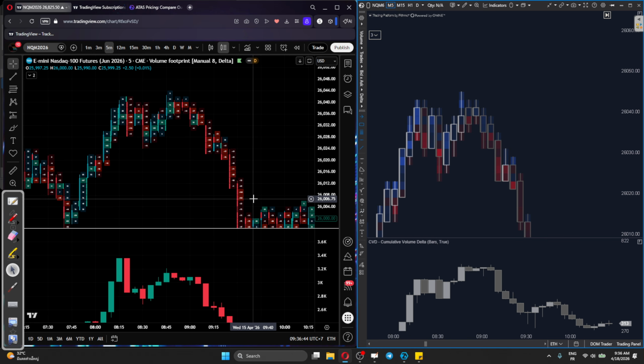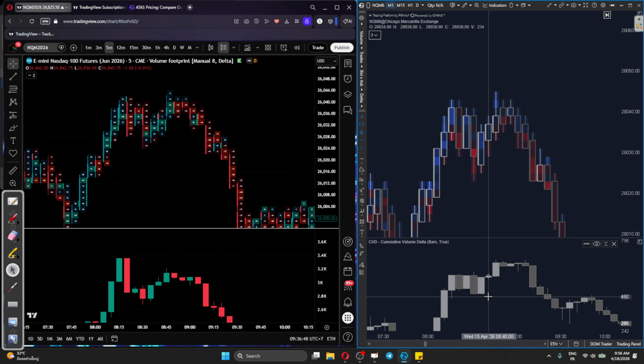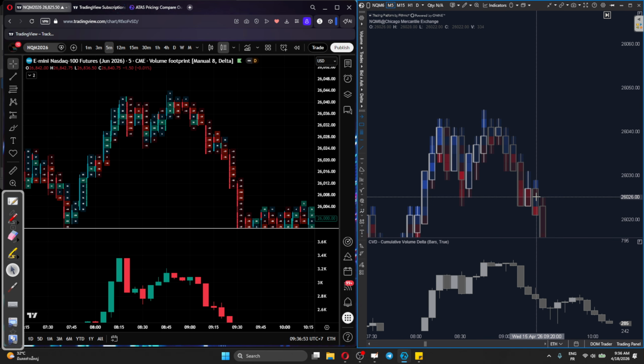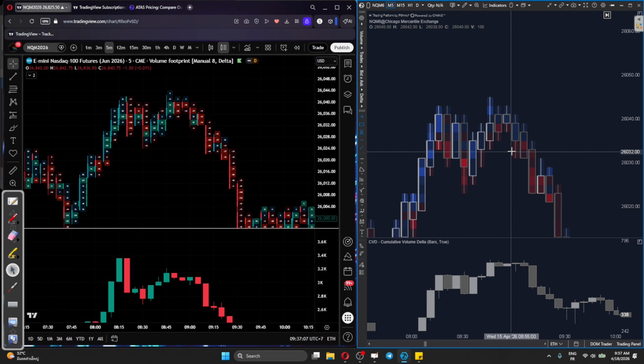But if you know my style of trading, I always say that the most powerful type of divergence is this one, because I'm always looking for absorption, right? And we know that with absorption, we have some strong sell limit orders in that area, which is not allowing the price to break above, okay?